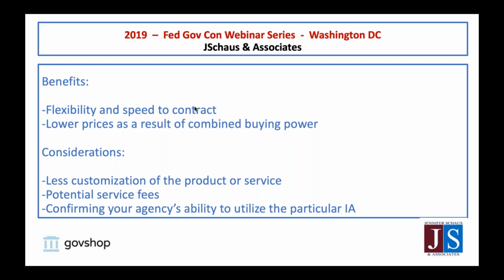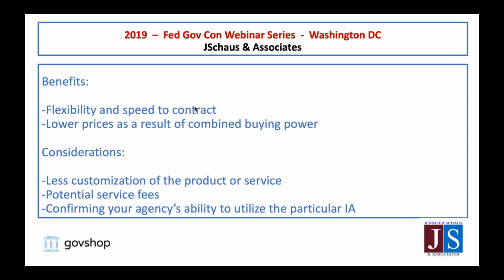There are potential service fees. On the GSA schedule, it's the Industrial Funding Fee, IFF, which is around three-quarters of a point, I think, and that's paid by the contractor, by the way. So you all will have to pay that service agency fee, again, about three-quarters of a point.